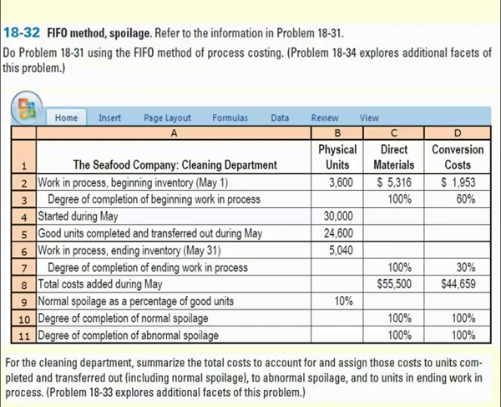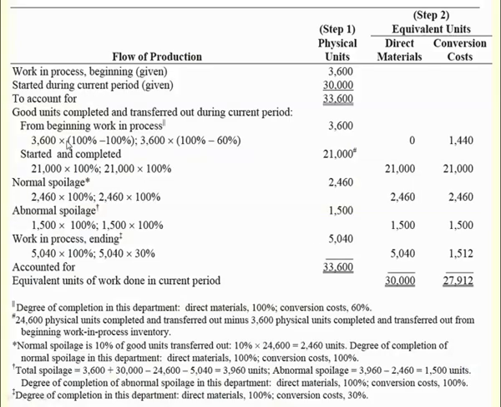As they had 100% in direct materials before, we add 0, because 100% minus 100% equals 0. But for conversion costs they only had 60%, so we need to complete the 100%. So 3,600 multiplied by (100% minus 60%), which equals 3,600 multiplied by 40%, equals 1,440 units.